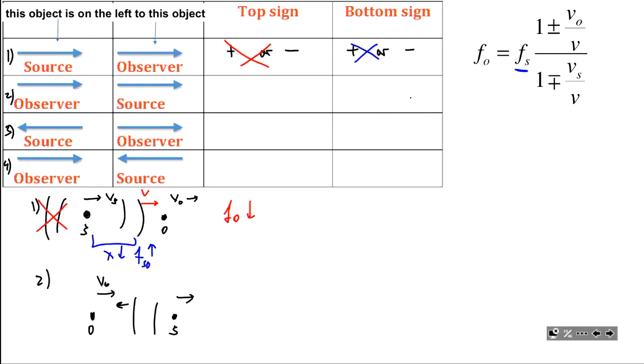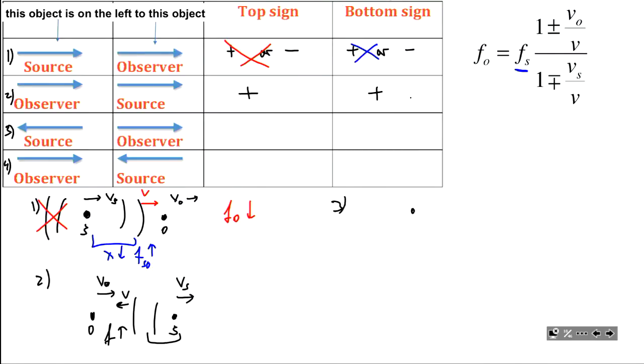So that's the VO, VS, V. Now what do we see? The observer and the wavefronts travel toward each other, so a plus. However, behind the moving source, the wavelength increases, so a plus. Wavelength increases, frequency decreases.